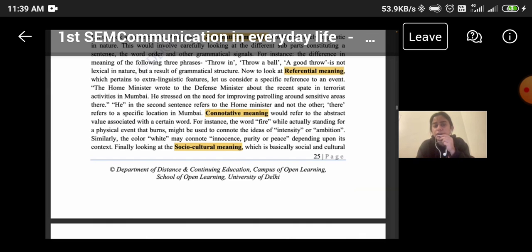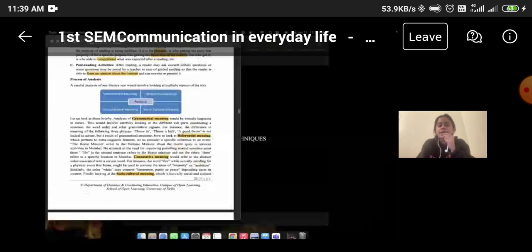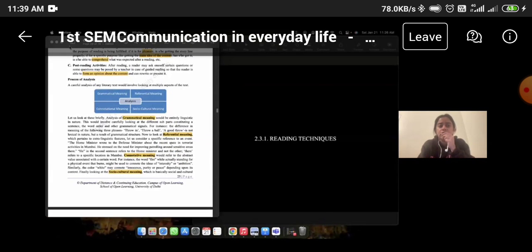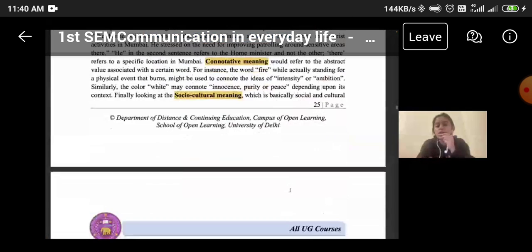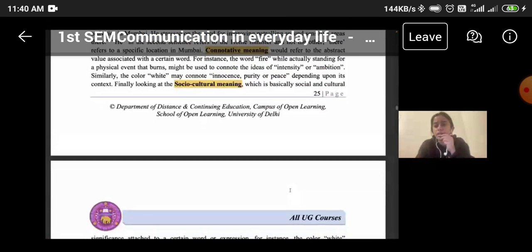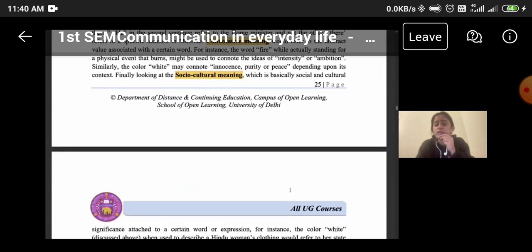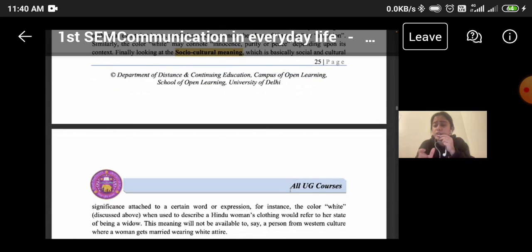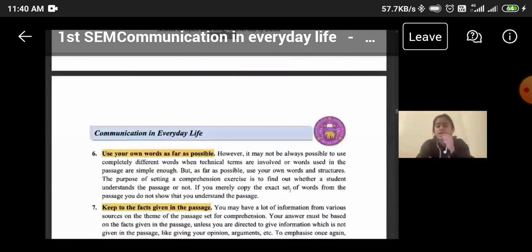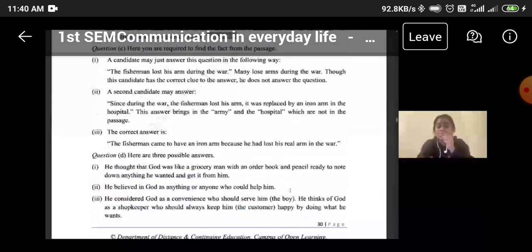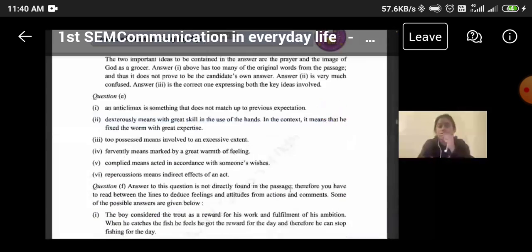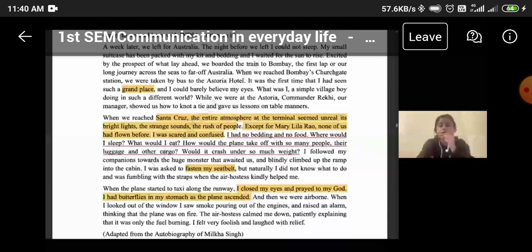What is this value associated with a certain word? For example, let us come to this reading comprehension that has been given, and also let's finally also come to the socio-cultural meaning. The socio-cultural meaning is the social and cultural meaning that is associated with the word or the expression. So for the better understanding of it, let us come to this reading comprehension exercise that has been given in your study material.